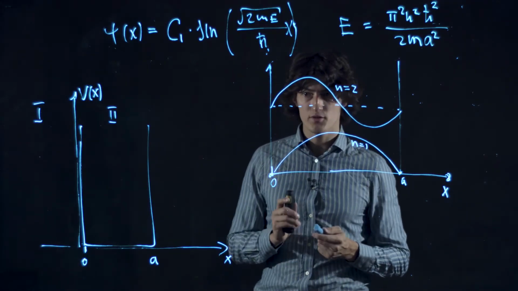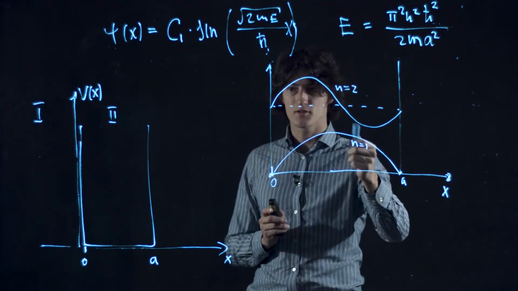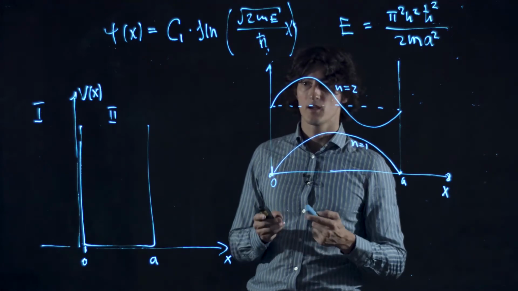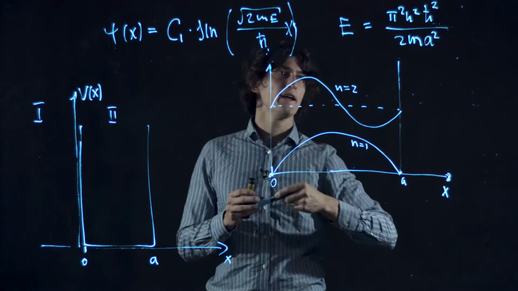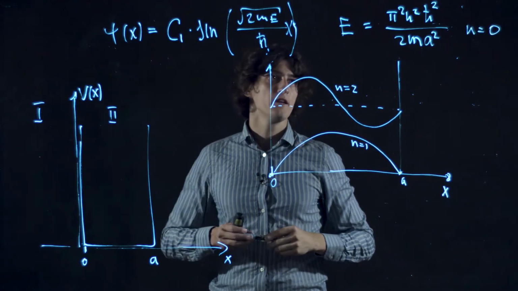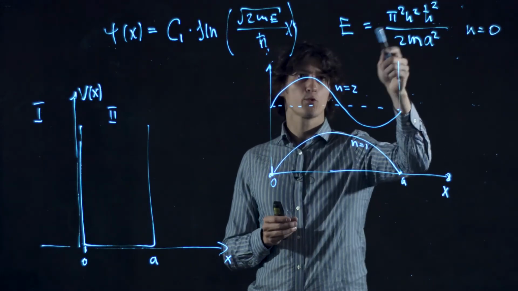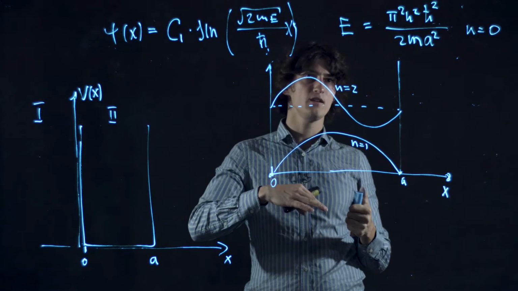Moreover, the most important is the state with the minimal energy, which is known as the ground state. One can think that in our example, the ground state corresponds to n equal 0. If we substitute n equals 0, we indeed gain the minimal energy, E equals 0.